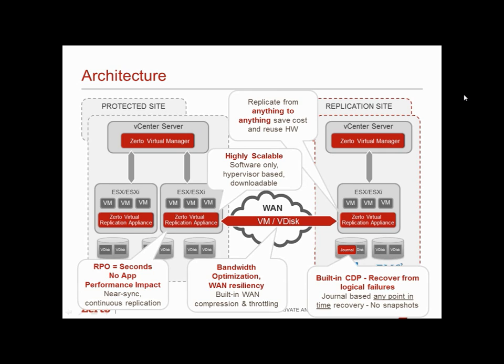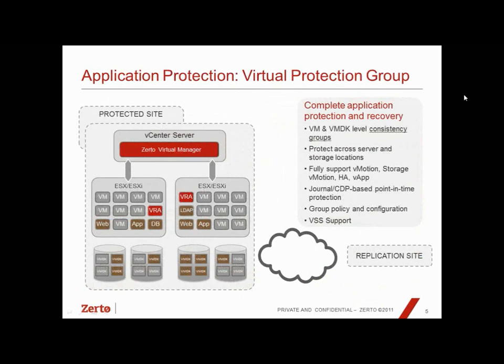But we also have several features available to you that can optimize your bandwidth and very intelligently optimize what is replicated and what is not, and we're very resilient to WAN outages, whether they be a couple of seconds or, worst case, a few days. And Jennifer, I'll turn it back over to you now to move to application protection.